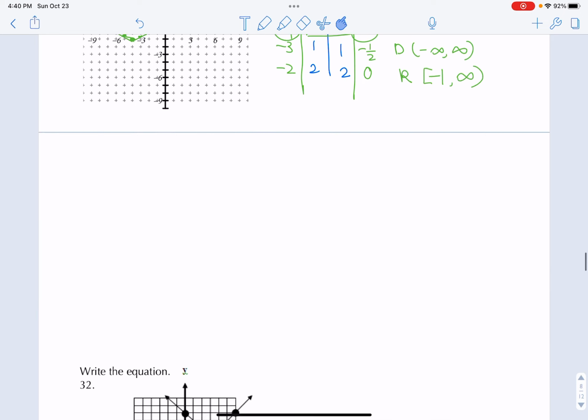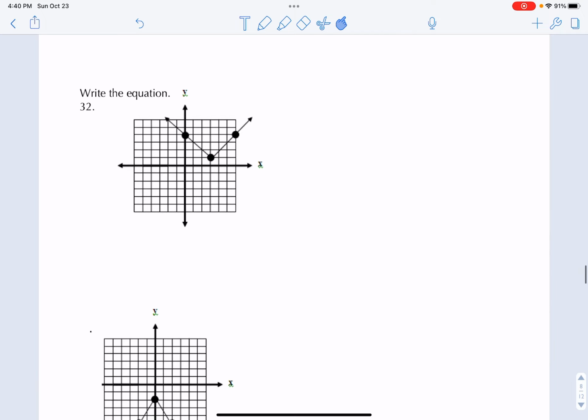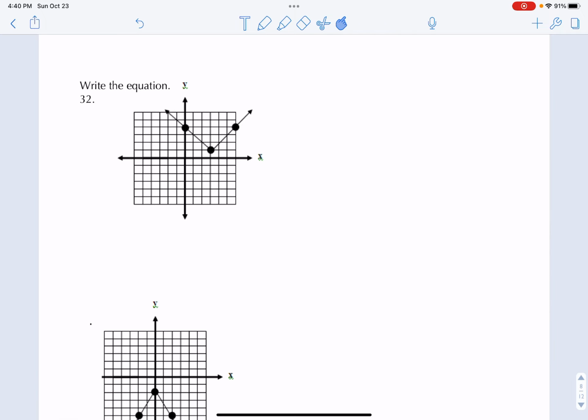And if it is given as a graph, and they're asking for the absolute value equation, then we need to find the vertex first. The vertex will be 3, 1, and then find the slope. So from here going in this direction, it is open upward, which means the a value should be positive. Then find the slope. It goes up 3 and to the right 3, up 3 to the left 3.